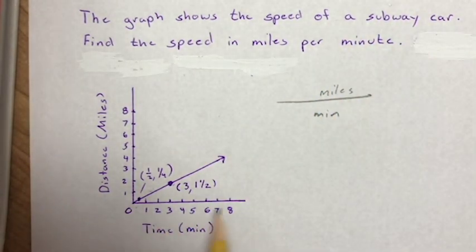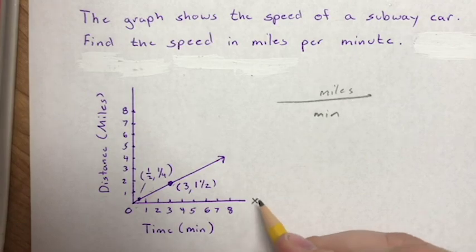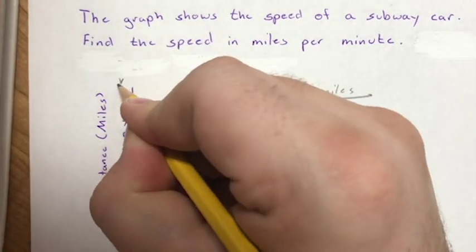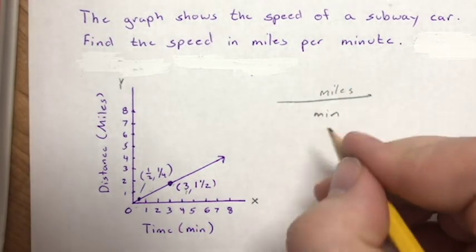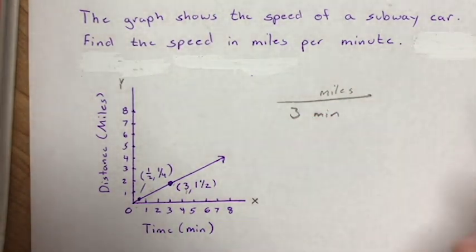So if we look across, this is what we call our x-axis, as you already know, and this is our y-axis. According to this, our x-axis is in time. So this point right here represents my time. So I'm going to use this point right here, this ordered pair. Let's see, my time is in minutes. So this would be 3 minutes. Okay, so I'm going to put that there.